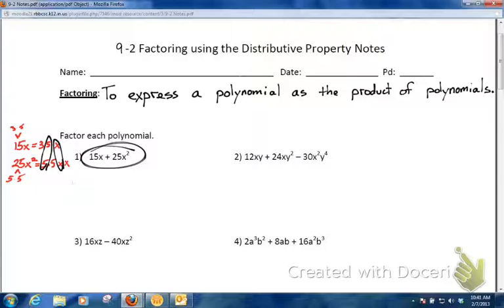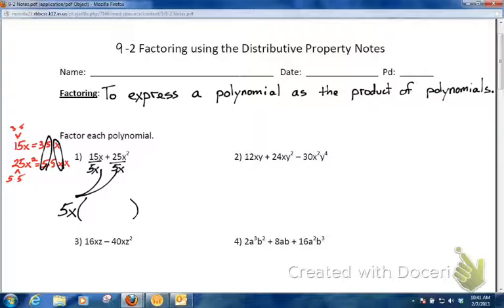Now, what we're doing with this is we are actually going to factor out, or take out from each of those two terms, a 5x, which means factoring out really means dividing out. So you're going to divide out the 5x. You do write that 5x out in the front, and now you divide it out. You're taking out 5x from both of those terms.